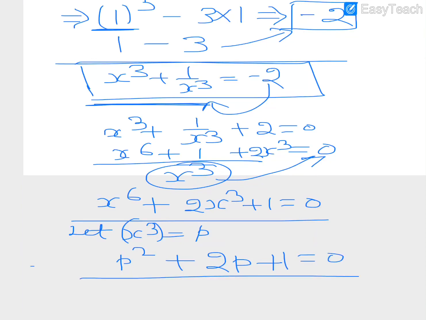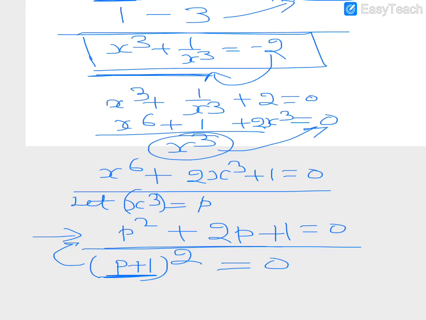And we know this is p plus 1 raised to the power 2, because (a plus b) raised to the power 2 means a square plus b square plus 2ab, so it is the same. So we can write this as (p plus 1) raised to the power 2 equal to 0.